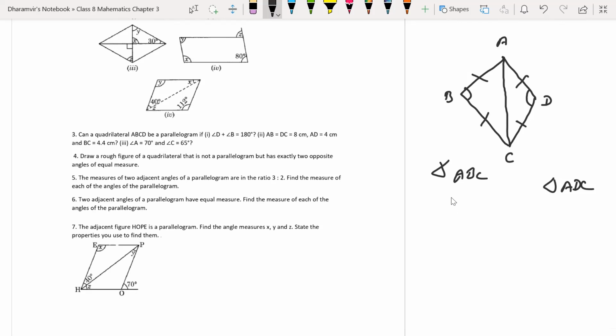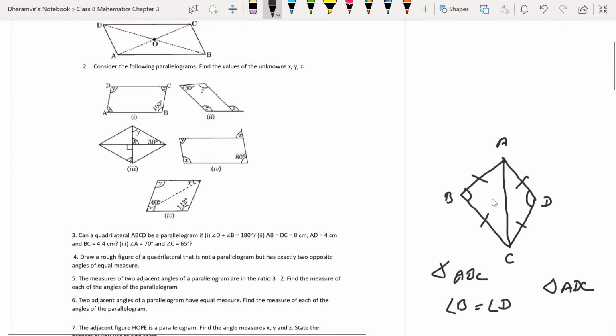Hence, angle B and angle D are equal. However, this quadrilateral ABCD is not a parallelogram, as the measures of the remaining pair of opposite angles A and C are not equal since they form angle between equal sides.